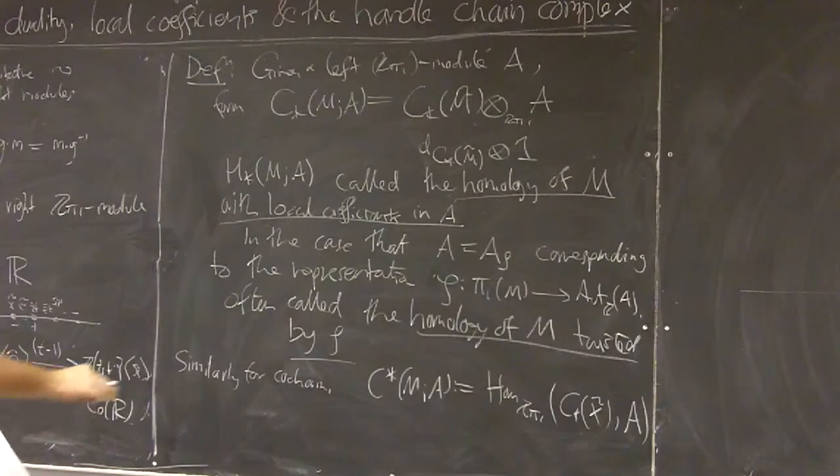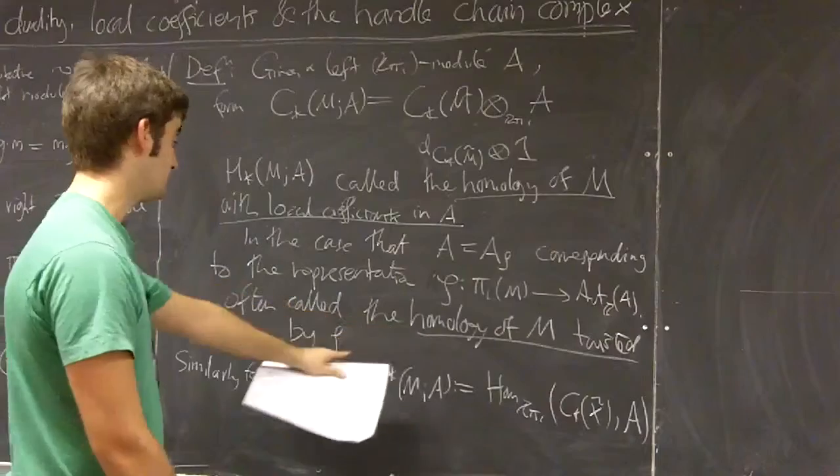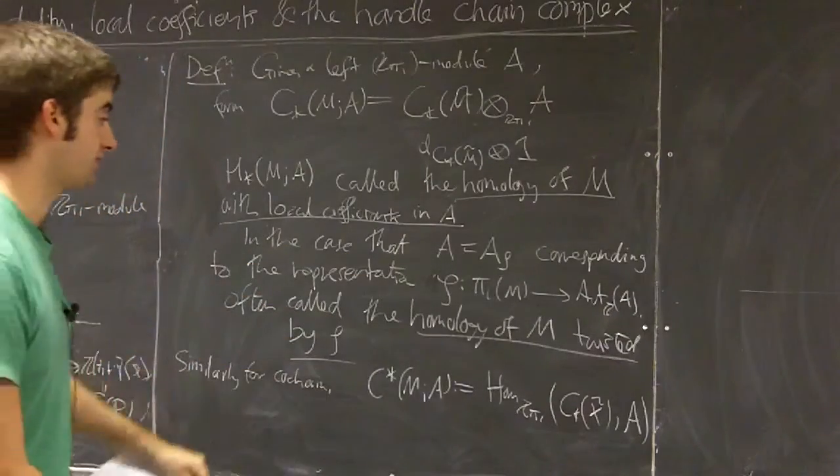And again, we can also have cohomology twisted by rho in the analogous way.